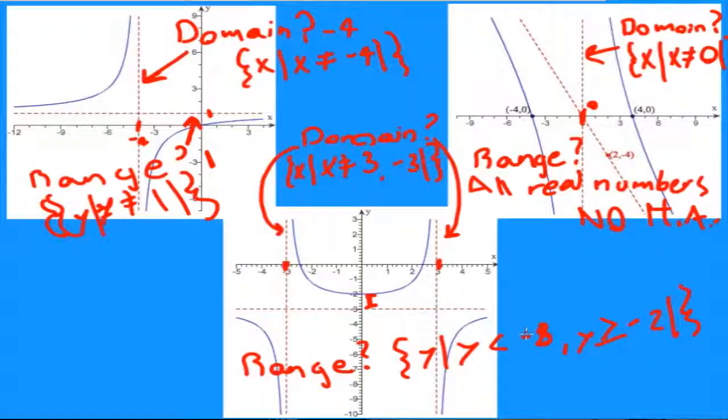That's it. If you see a graph that looks like this, just remember that for this space you have to plug in both numbers, using less than and greater than or equal to.